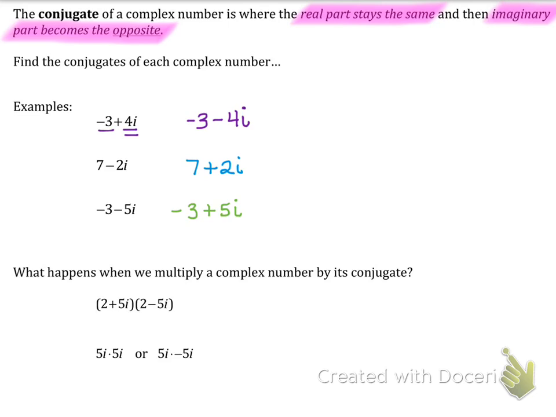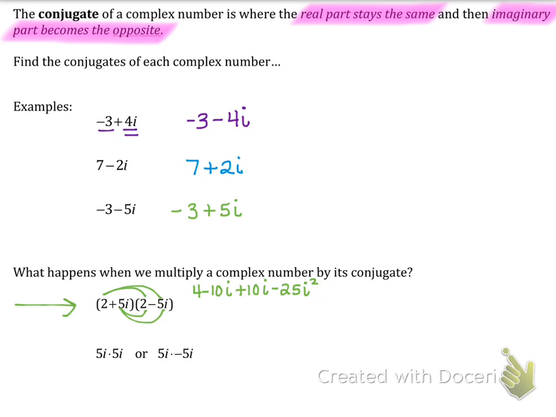So let's take a look. If we multiply a complex number by its conjugate, like right here, what happens? Well, let's use our multiplication like we did before and see what happens. So we do 4 minus 10i plus 10i minus 25i squared.